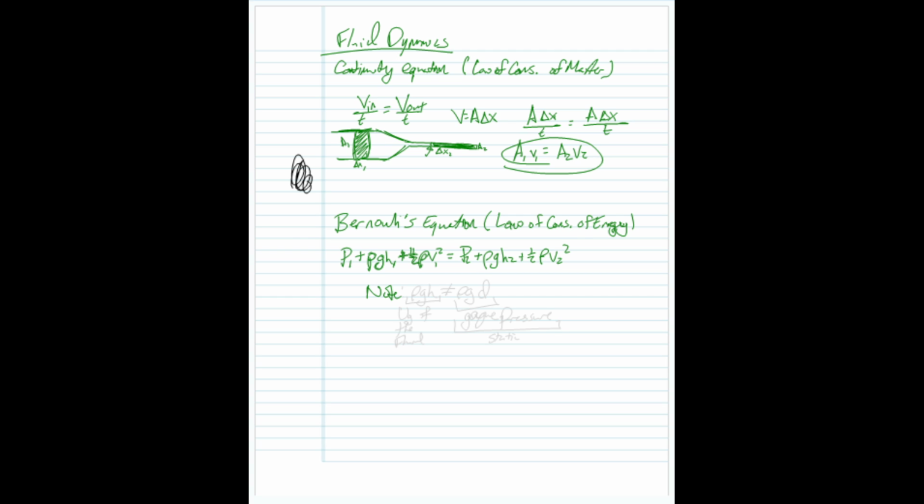So, just a quick note, rho g h is not the same as rho g d, even though sometimes they look very similar. This, in Bernoulli's equation, measures the potential energy of the fluid.